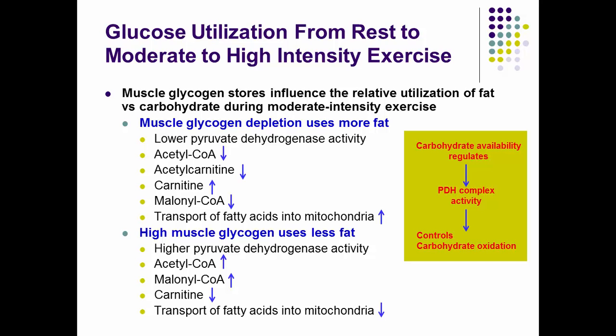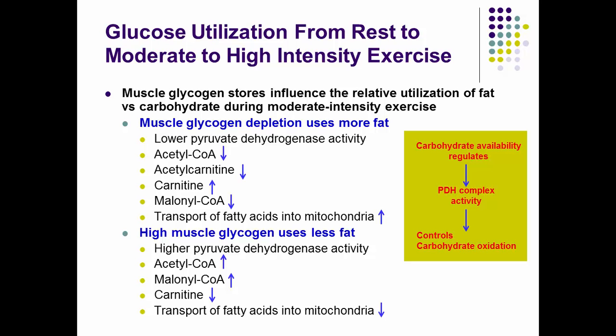If this pyruvate dehydrogenase activity is higher, that means more carbohydrate can be oxidized, right, being converted from pyruvate to acetyl-CoA and entering the TCA cycle for oxidation. That makes sense, right? So pyruvate dehydrogenase is very important, and this enzyme complex's activity is regulated by carbohydrate availability.